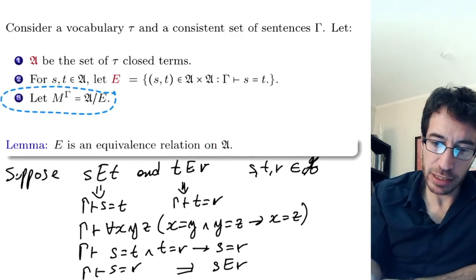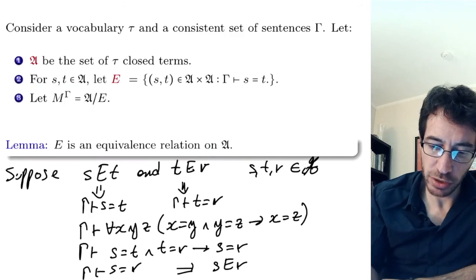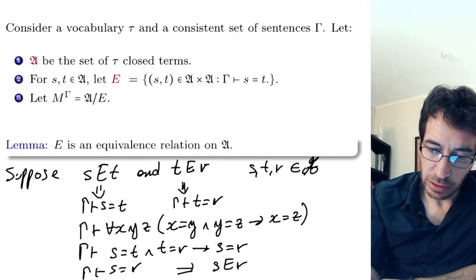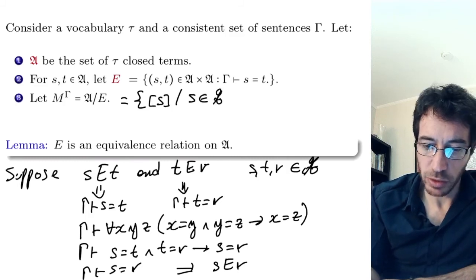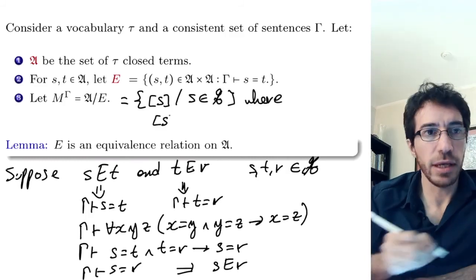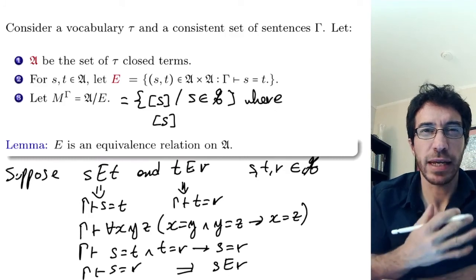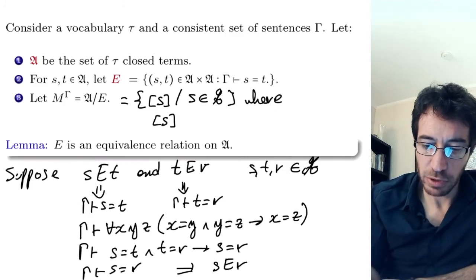In case you don't remember, now that we have an equivalence relation, we can do it formally. This here means the set of all equivalence classes for S a closed term, where this means the equivalence class of S. What is the equivalence class of S?